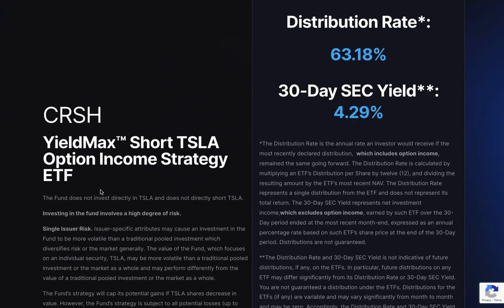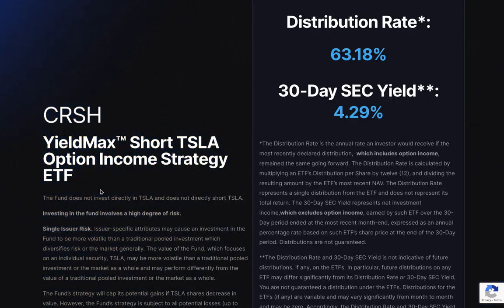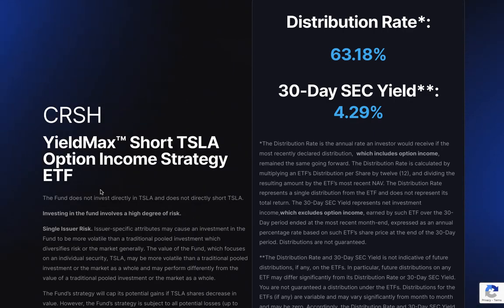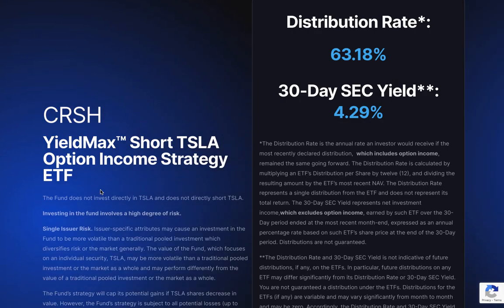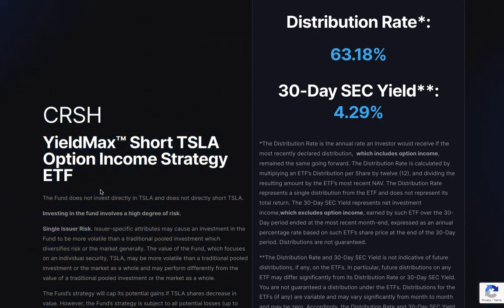Anyway, what Tesla does is it owns an at the money call, and it sells an at the money put with the exact same strike. So when an at the money call is bought, that has a delta of 50. When an at the money put is sold, that has a delta of negative 50. Since it's sold, negative is positive, so that has a delta of 100.